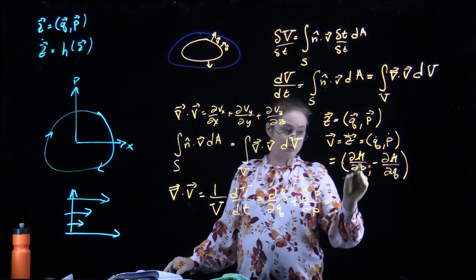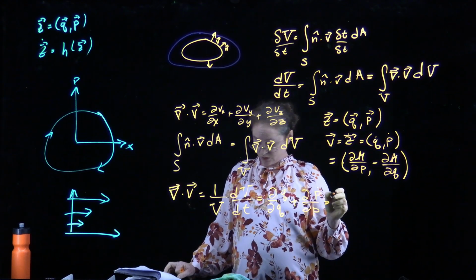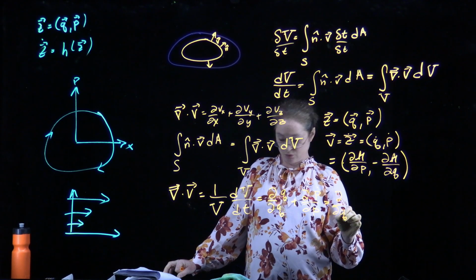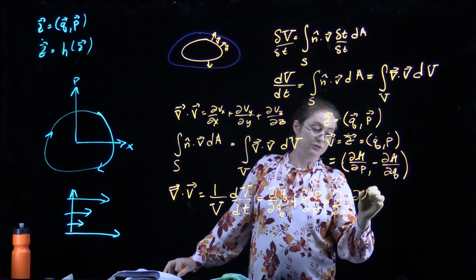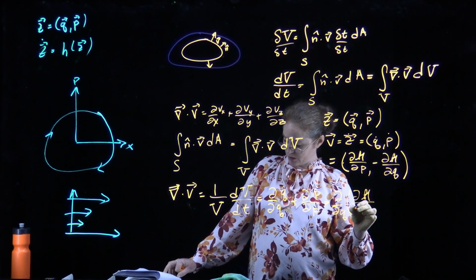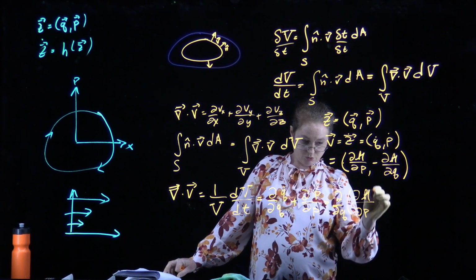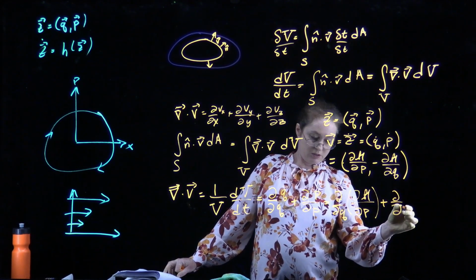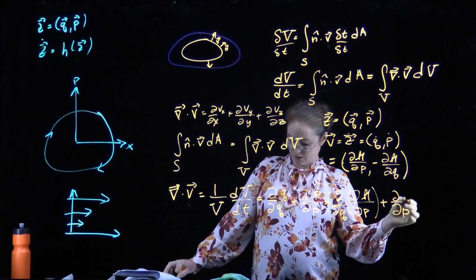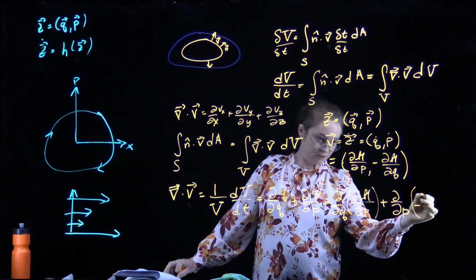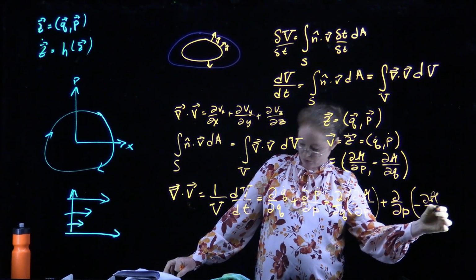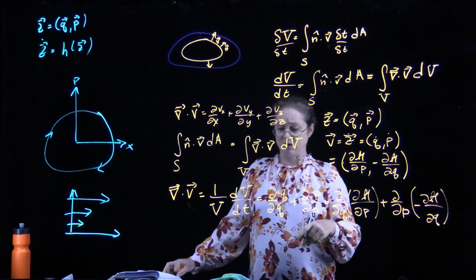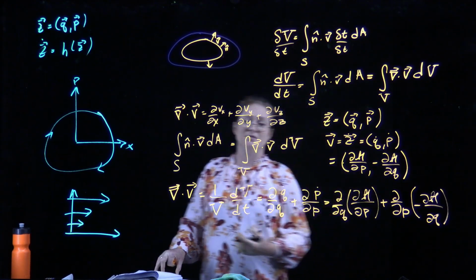And then I'm going to use Hamilton's equations to write this as partial Q of the partial derivative of the Hamiltonian with respect to the momentum plus the partial derivative, with respect to P, of the negative Hamiltonian with respect to Q. And because we are physicists, we are working with nice, neat function space.